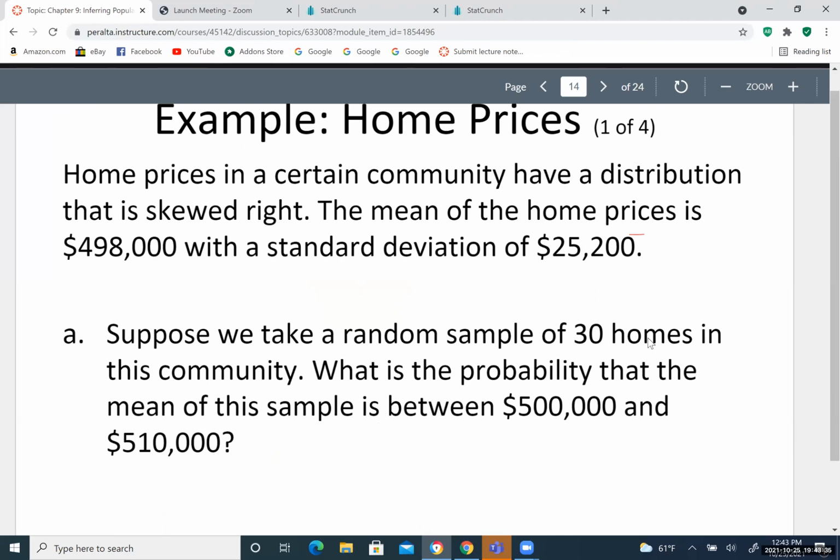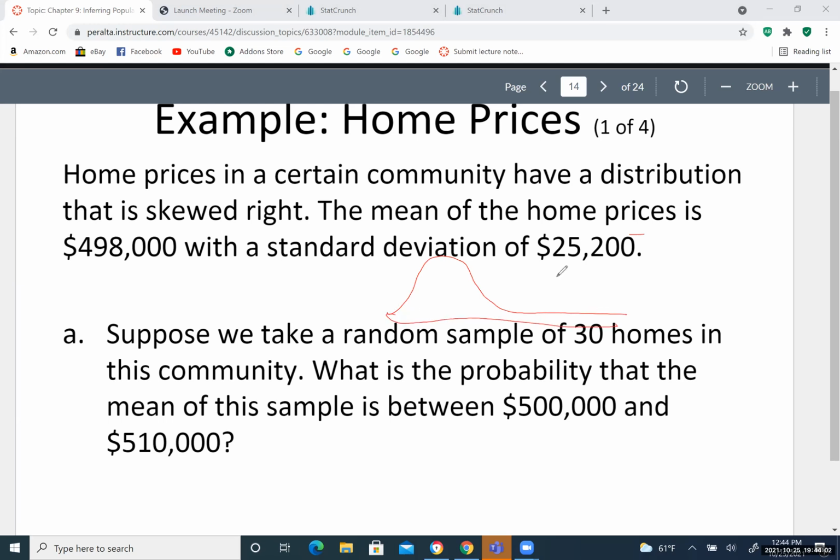Similarly, with a different example about home prices. Home prices in a certain community have a distribution that is skewed right. You can imagine skewed right like this, less data on the right side, more data on the left.